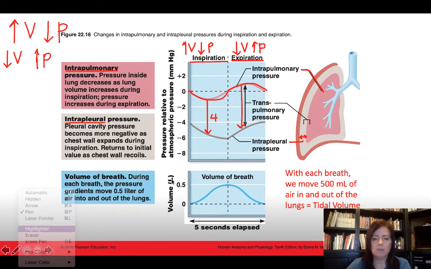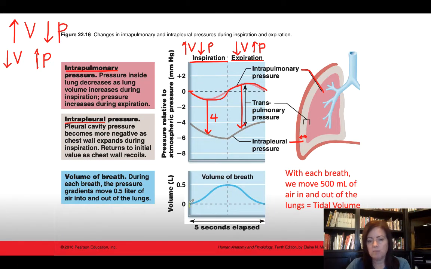So as we create those pressure changes, we're basically moving air in. We breathe in about half a liter of air, and then with expiration, we breathe it right back out again. So this is one breath in and out, and this is volume of breath, showing this 0.5 liters, or 500 milliliters, of air that we move in and out of the lungs with one breath.